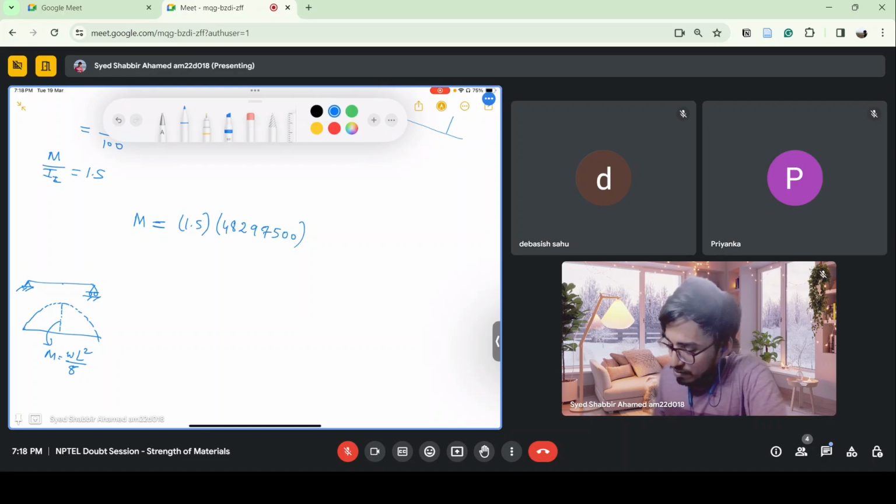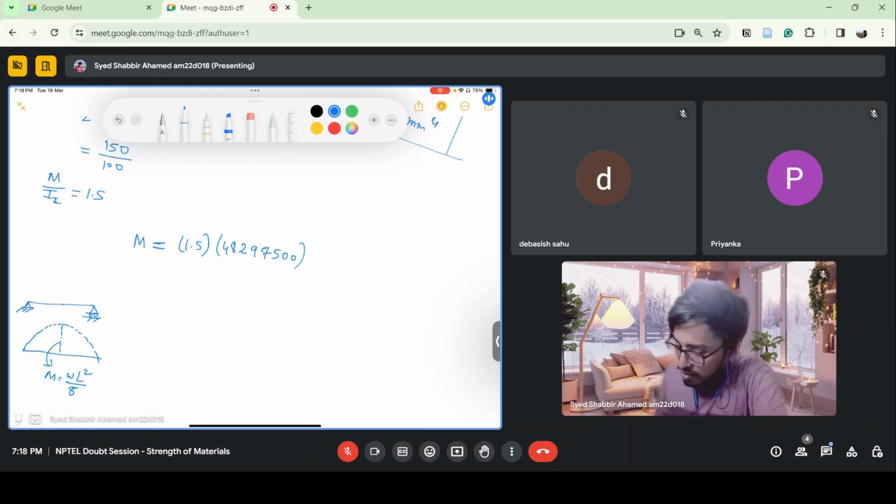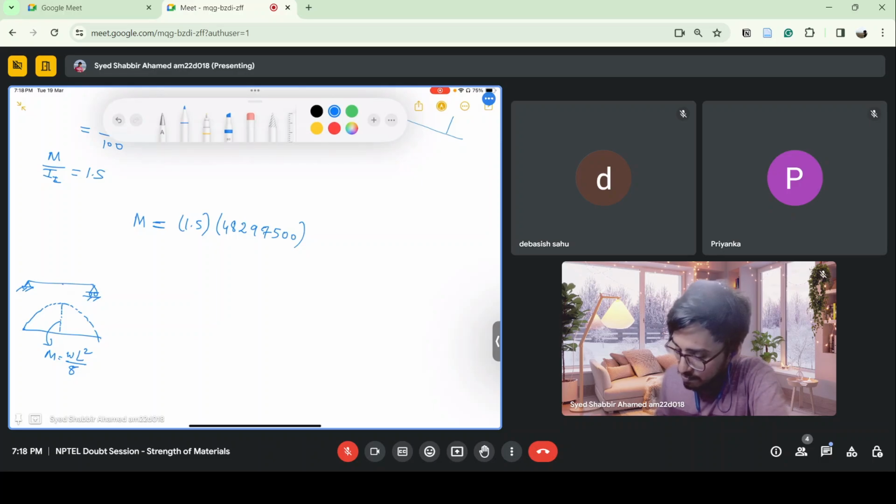We know this, so I don't think we need to discuss this. We have to remember all the formulas with respect to the simply supported beam, cantilever beam, maximum bending moment. So here WL square by 8 should be equal to whatever we get.